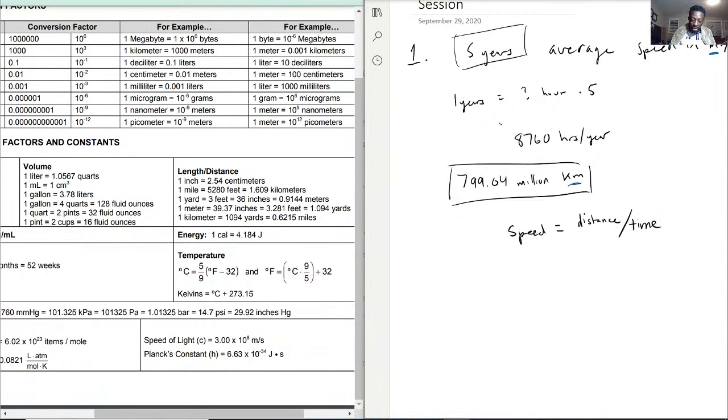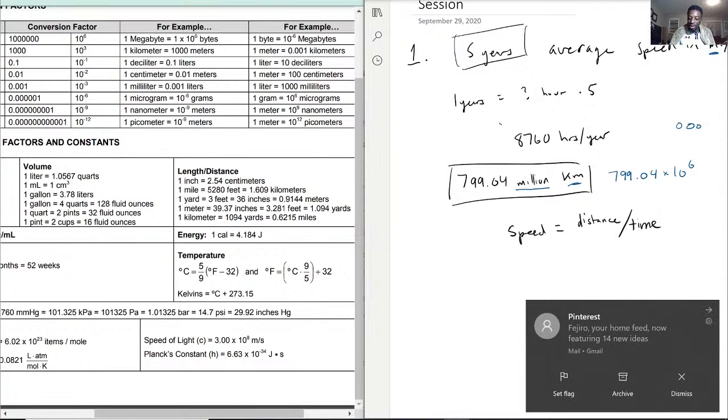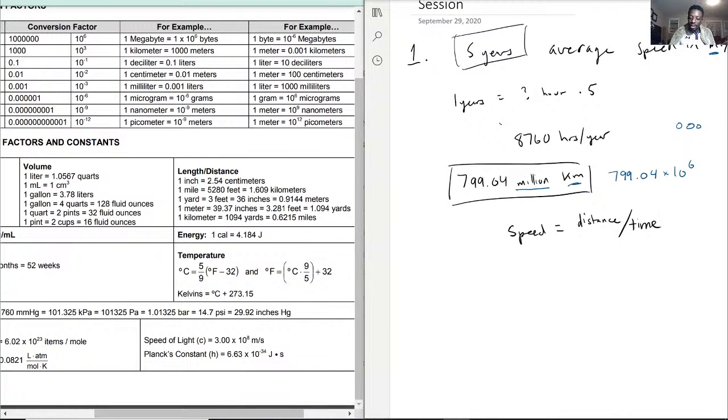Let's write down a lot simpler because 799 million, so that's times 10 to the 6. So I really have 799.04 times 10 to the 6, because 10 to the 3 is 1,000 because that's 3 zeros. Okay, 10 to the 6 is 3 more zeros, so that's 1,000,000. That's how we figure that one out.